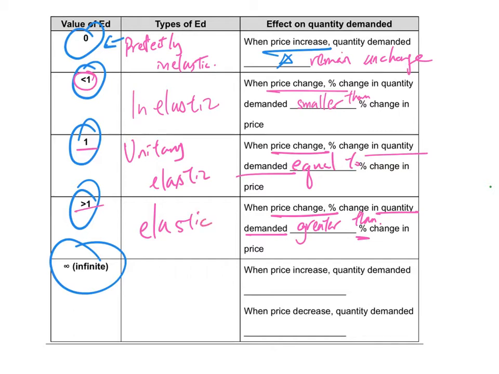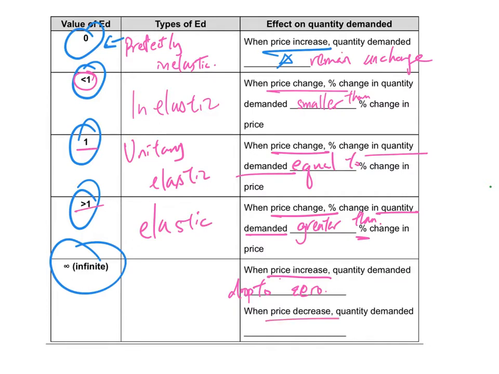And the final one, if the price increases, they have an extreme reaction. The consumers feel very unhappy, so they drop the quantity demanded to 0. Very extreme. Even if it is a very little increase, they will still do that.